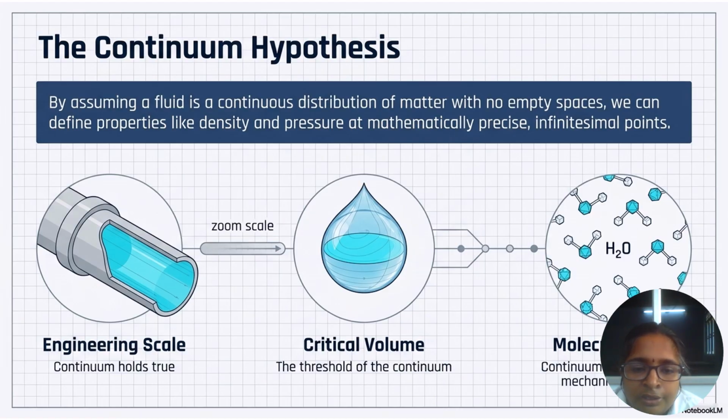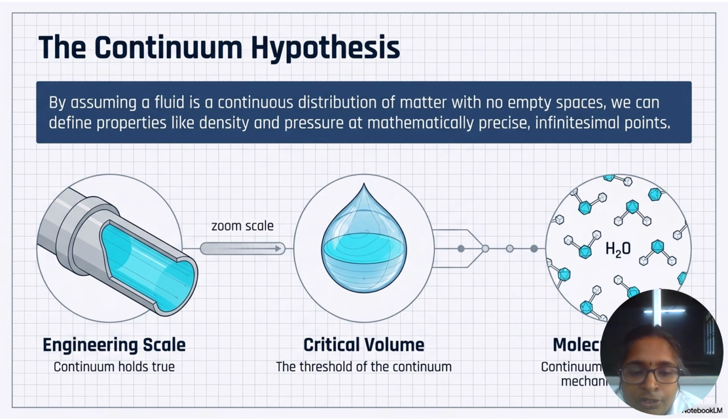And the next one is continuum hypothesis. The definition is by assuming a fluid as a continuous distribution of matter with no empty spaces, we can define properties like density and pressure at mathematically precise and infinitesimal points. So this is related to the continuum hypothesis definition.